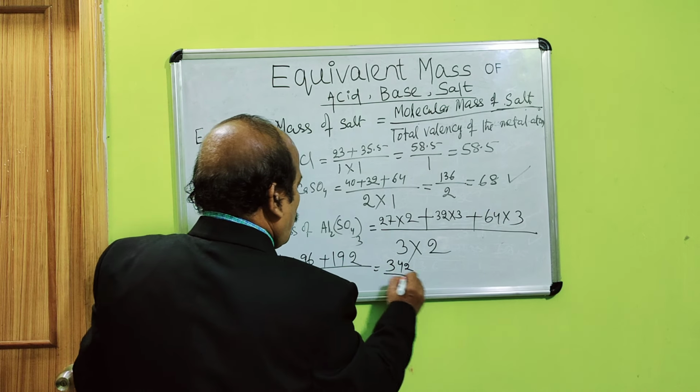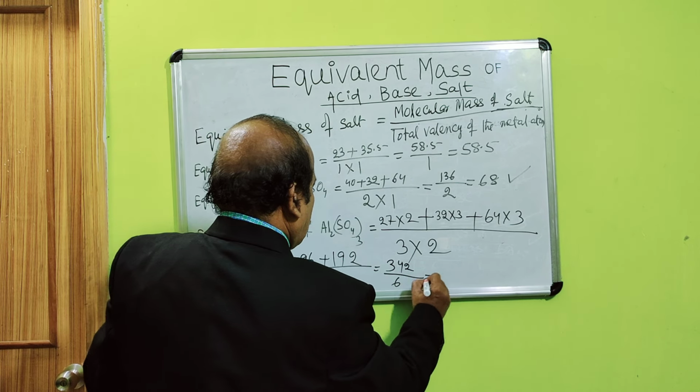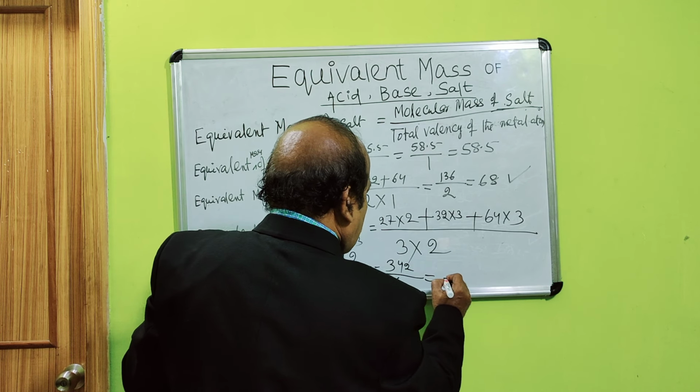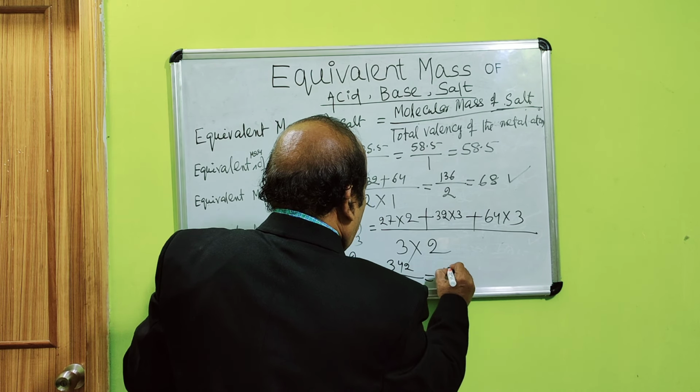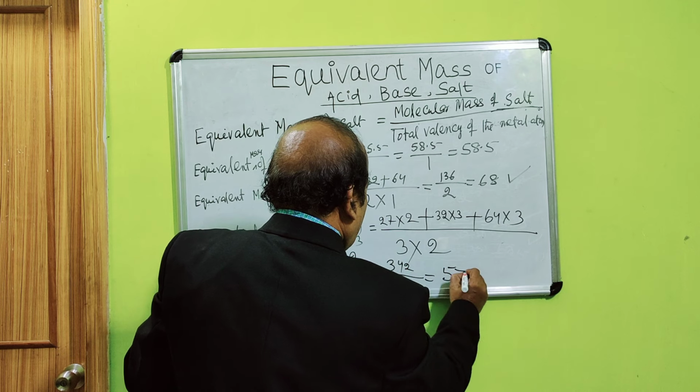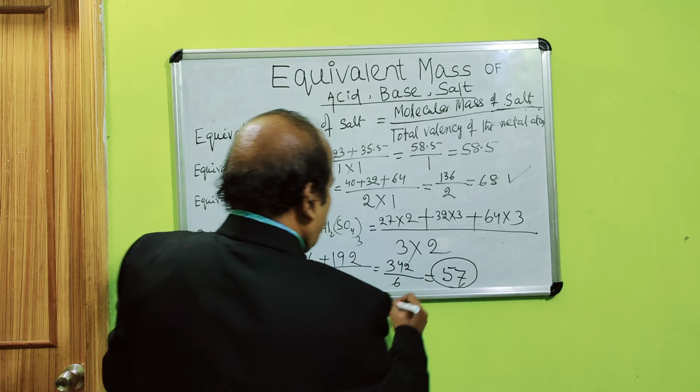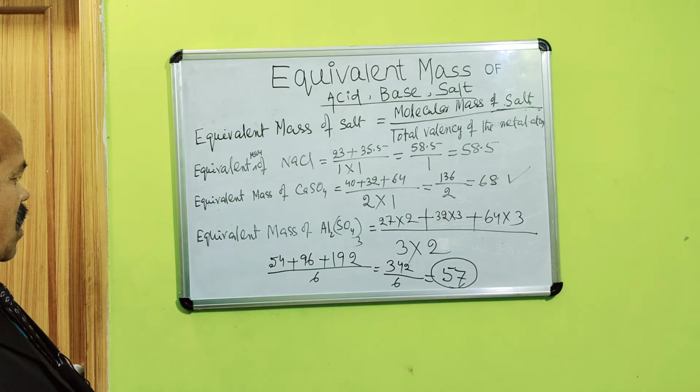It's 342 by 6. So it is exactly 57. 57 is the equivalent mass of aluminum sulfate.